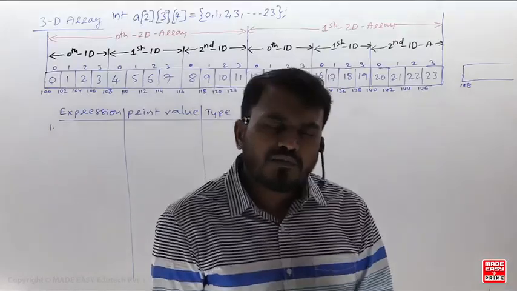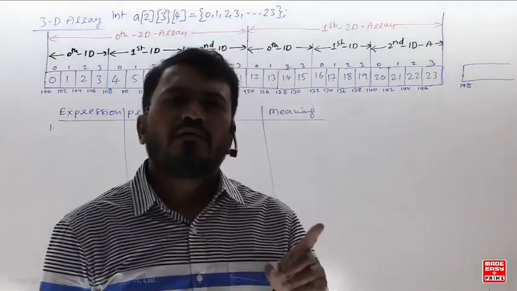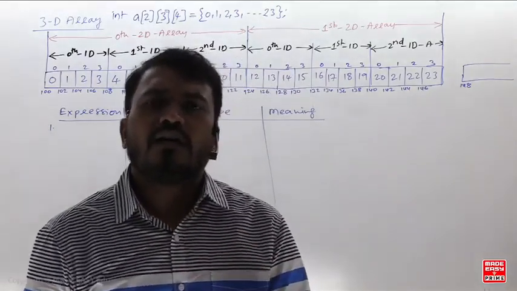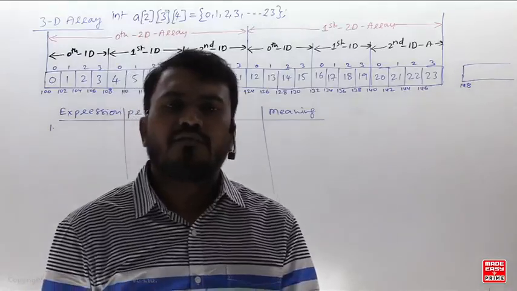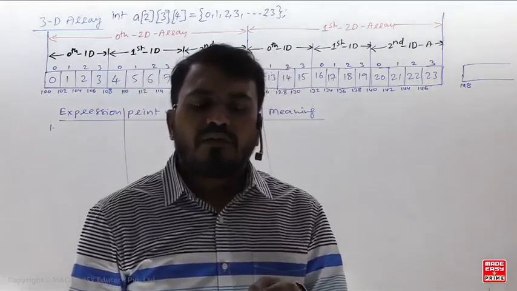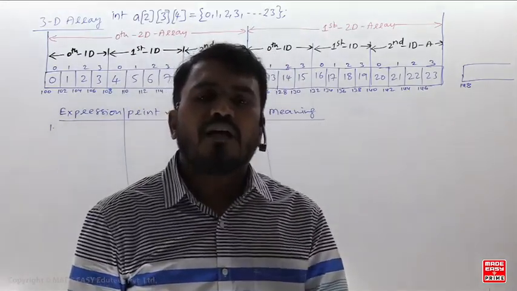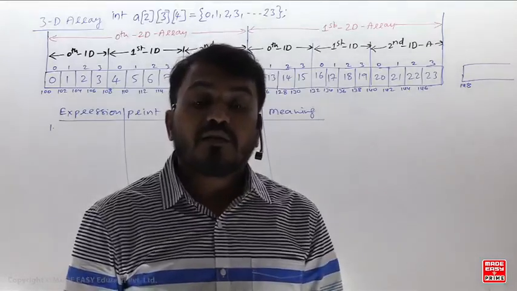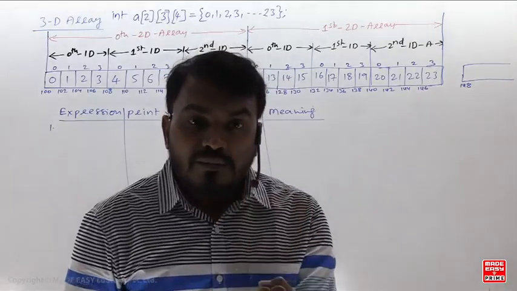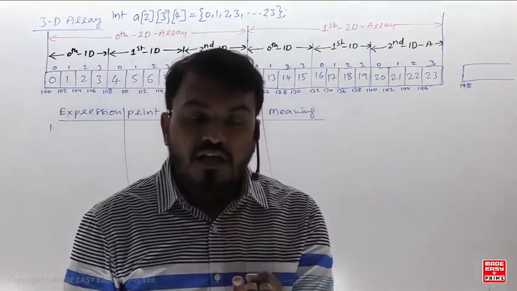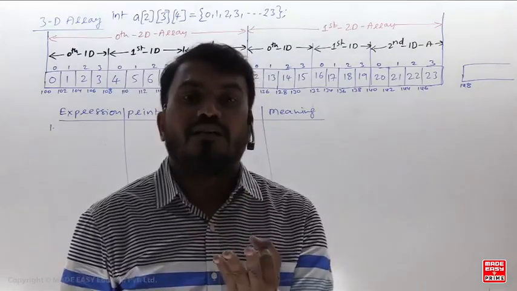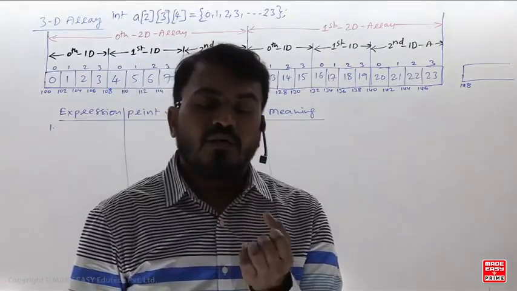If I apply one more star, now it was pointing to the 0th 1D array. Listen carefully. If I apply one more star, it will point to an element. Which element? 0th element of 0th 1D array of 0th 2D array. Is that clear? So I am repeating.